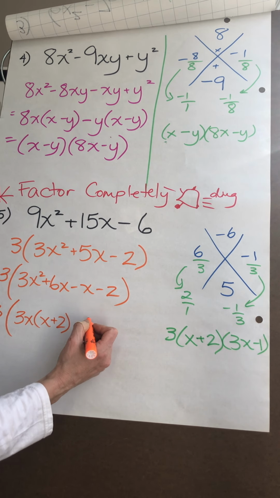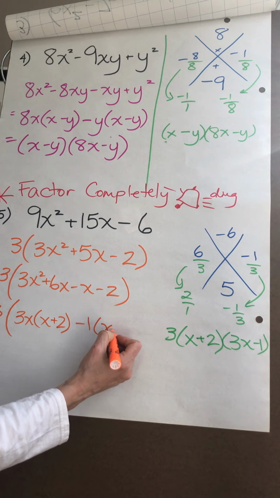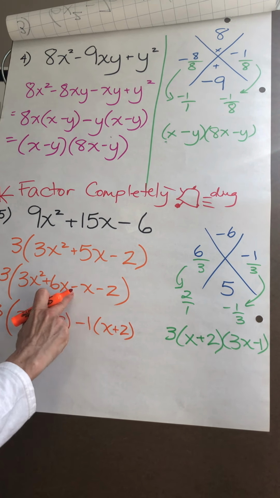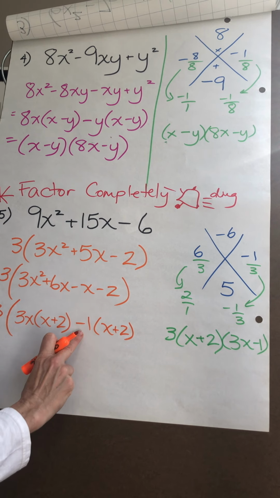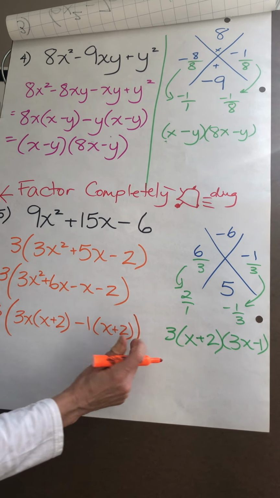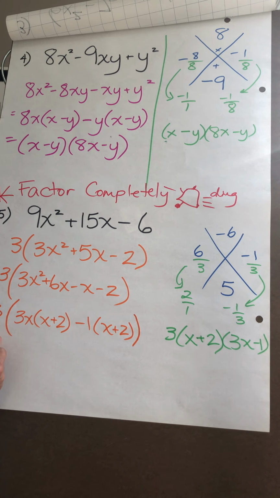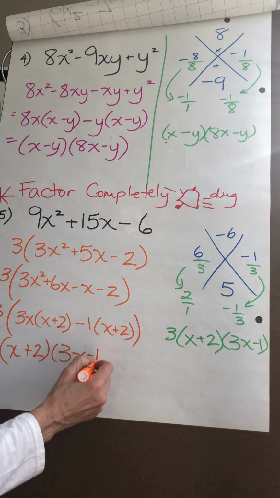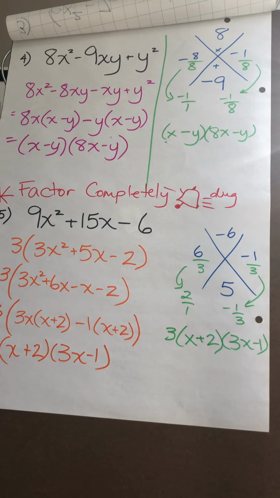We're going to take out a negative 1. X plus 2. So that's kind of manipulation. Like there's not really a common factor in there. We don't think of 1 as a common factor, but we're going to change this. We're going to take out the negative 1 so that our brackets match. So we've got these brackets inside brackets, which is a little bit confusing. Okay, and there you go.